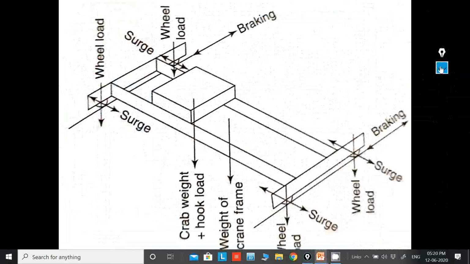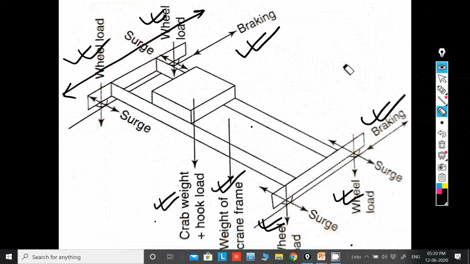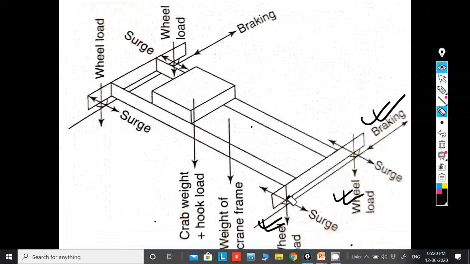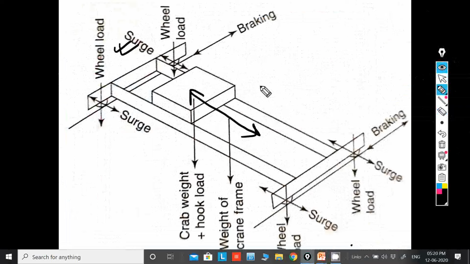Many students get confused regarding the location and the direction of the horizontal loads. So once again I am saying, when the crab or trolley is moving like this, it will give a surge load which is parallel to the crane, first thing.